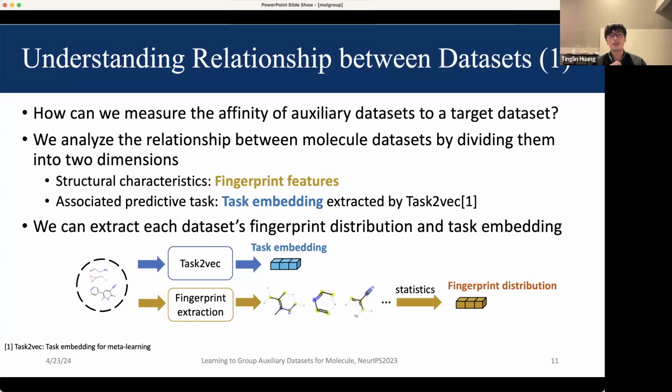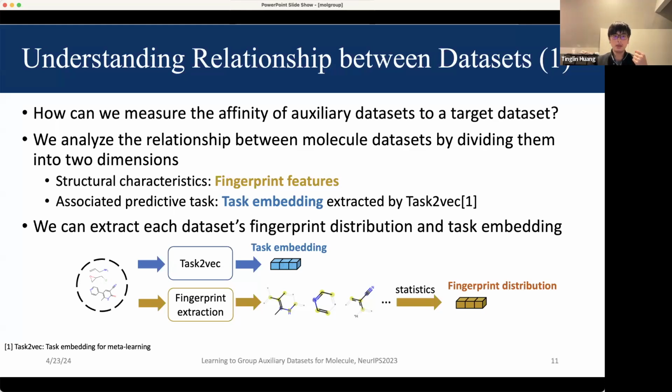And we will also extract the fingerprint feature for each molecule in these data sets. Then we can obtain a fingerprint distribution by averaging all these fingerprint features. A fingerprint feature is like a multi-hot vector, and each bin represents a substructure in the molecule.